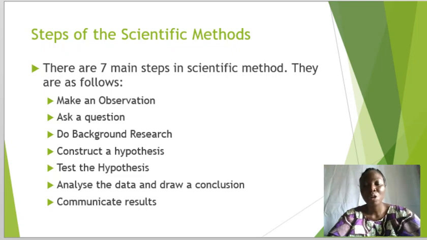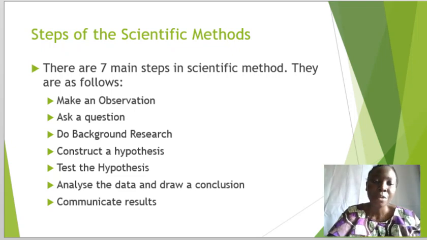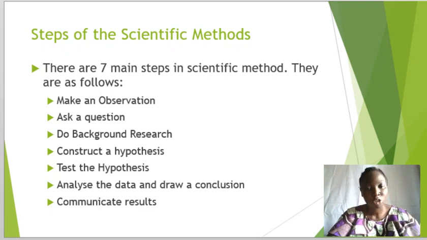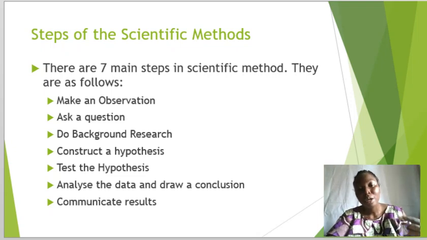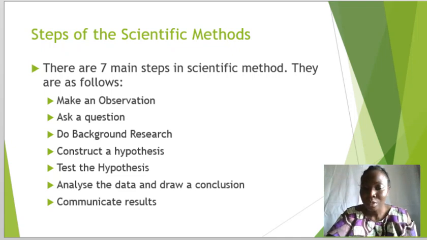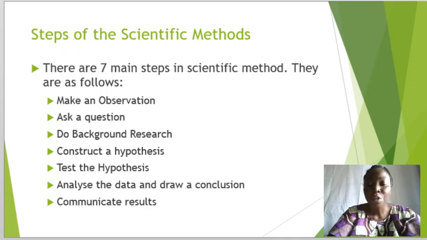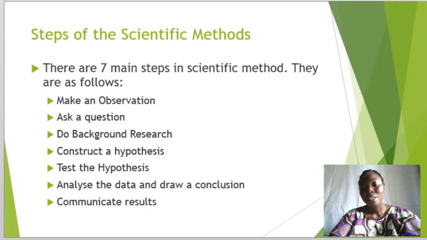Initially I said there may be new information that makes you go back a step, iteration. When you have new information at hand, you go back, you test again. Then if it works, you analyze your data and draw conclusion. If your result aligns with the hypothesis, you communicate it. If it does not align, you communicate your results.